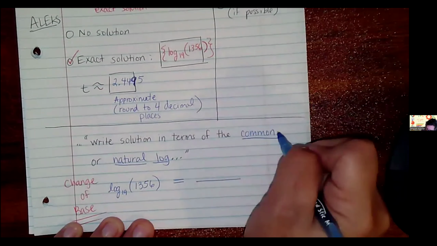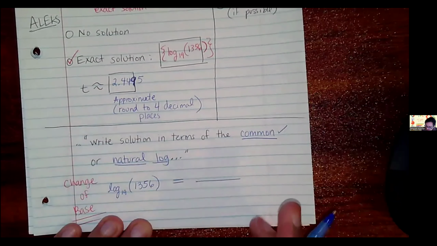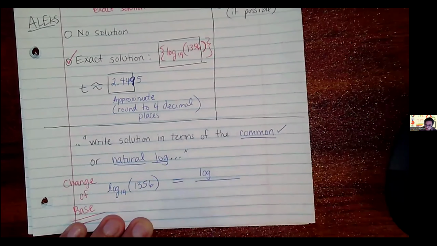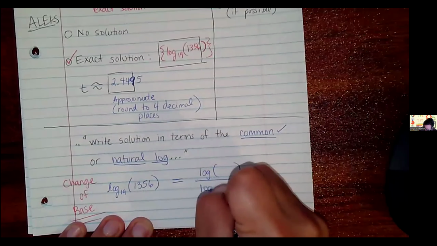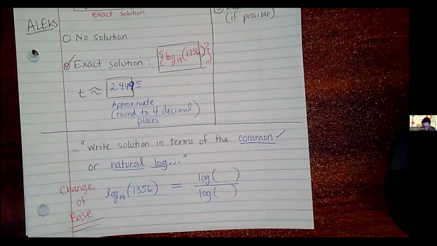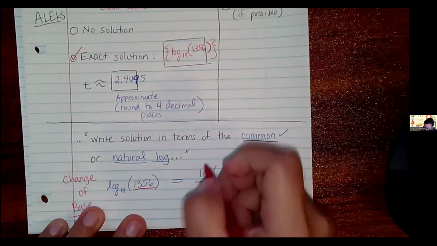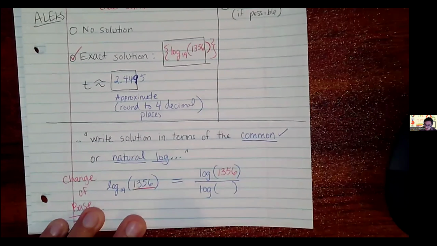And I'm just going to use the common log so that we don't have to worry about doing this multiple ways. Okay. So the common log, remember, is just log where we don't write the base. So I'm going to put log of something over log of something else. The 1356 is going to go in the top, common log 1356.